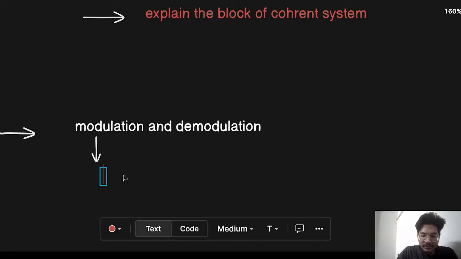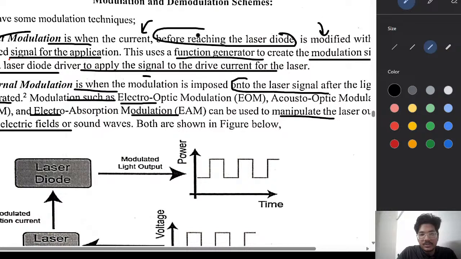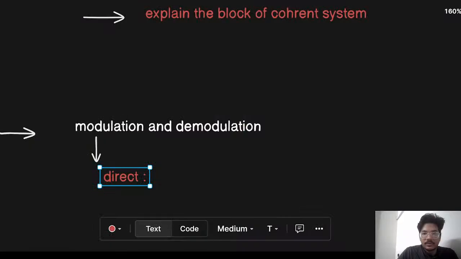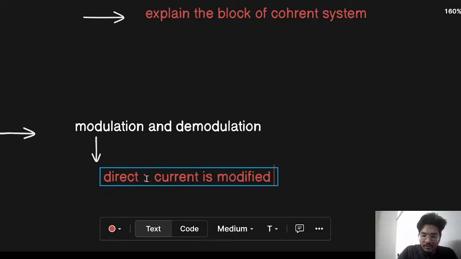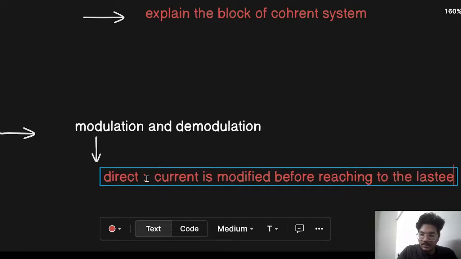In modulation techniques we see direct modulation, in which the current is modified before reaching the laser. Okay, that's this one.